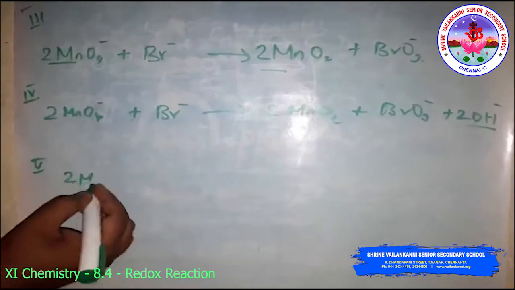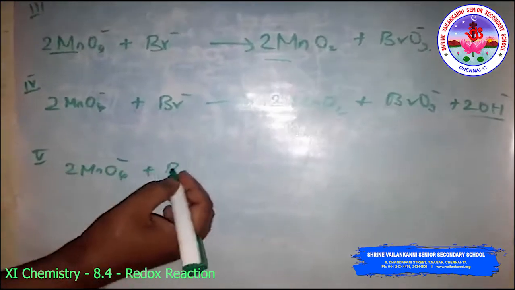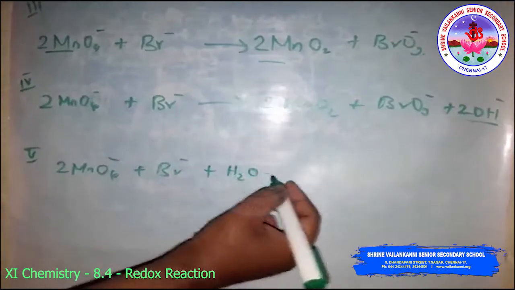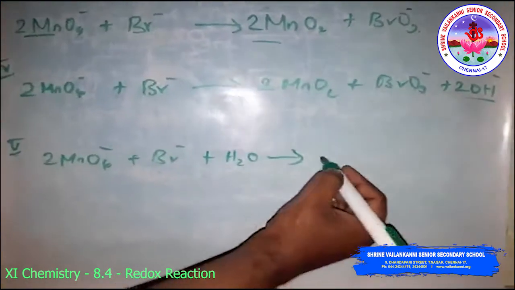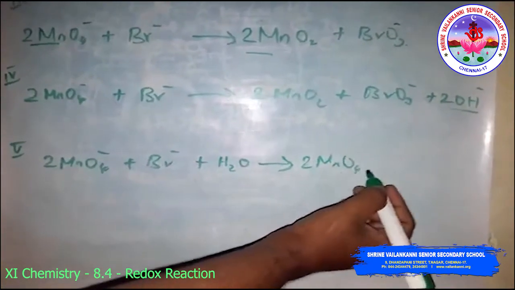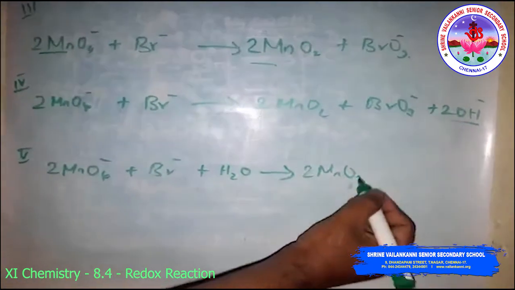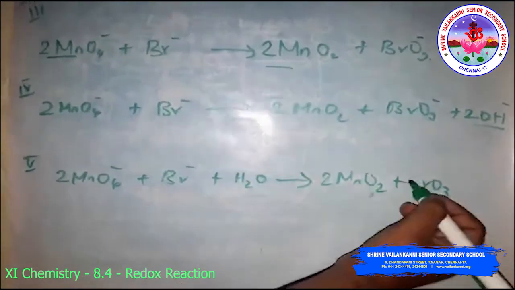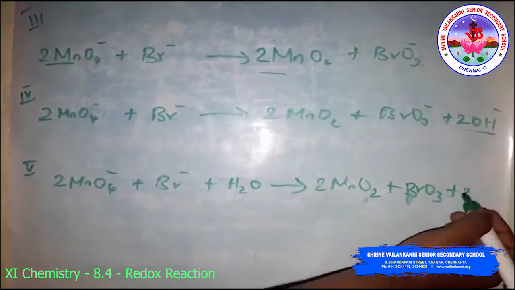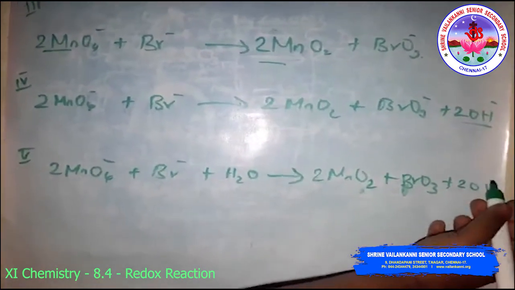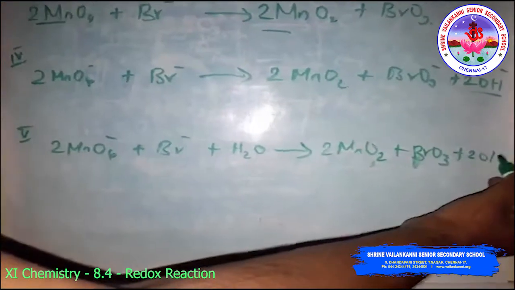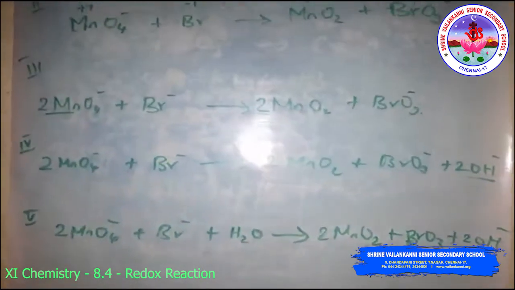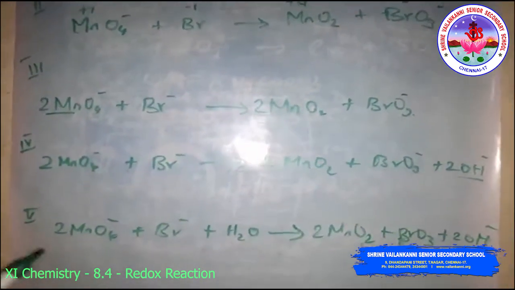So 2 MnO4 minus plus Br minus plus H2O gives 2 MnO2 plus BrO3 minus plus 2 OH minus aqueous. So this is the balanced equation for basic medium. Already we have seen the acidic medium; this is the basic medium.